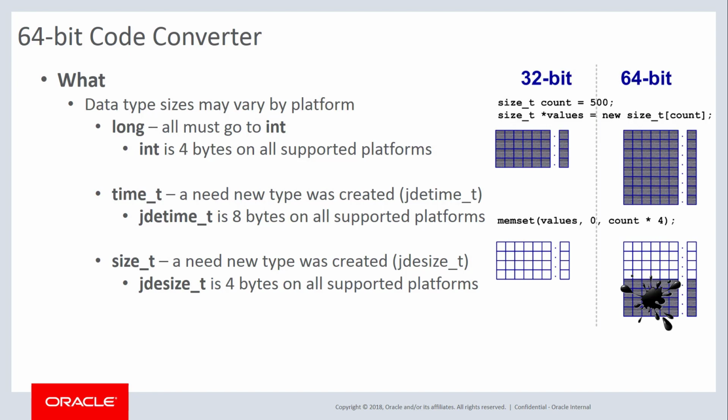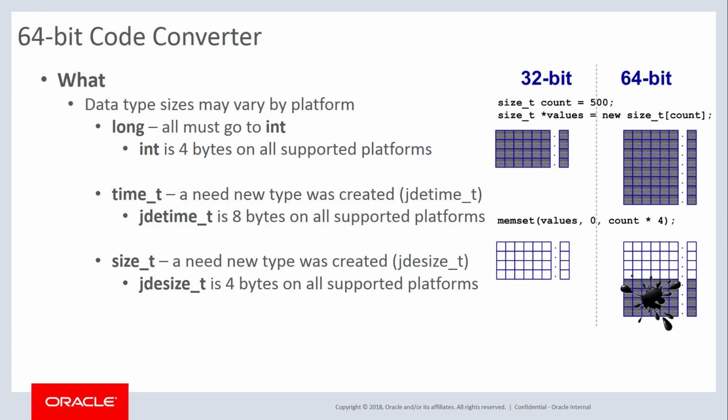In order to have consistency across all platforms, we needed to convert several data types in our code so that our 64-bit code line would behave the same way that it does in our 32-bit system. For example, we changed all forms of the long data types to its corresponding integer data types. As you may recall, in a 32-bit system, the long and integer data types are the same size, 4 bytes.